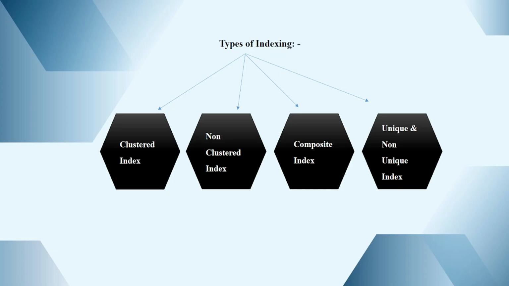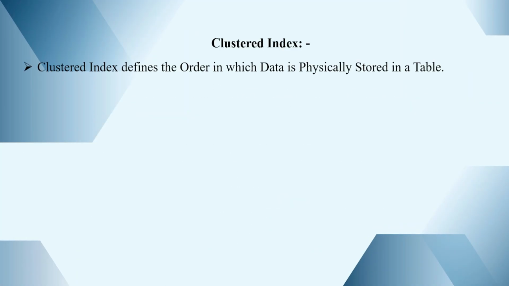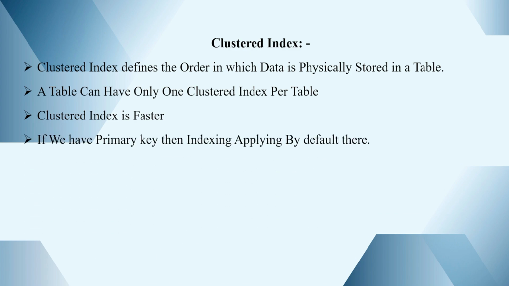Let's firstly understand what a clustered index is. A clustered index defines the order in which data is physically stored in a table. A table can have only one clustered index. A clustered index is also faster. If we have a primary key, then indexing is applied by default there.